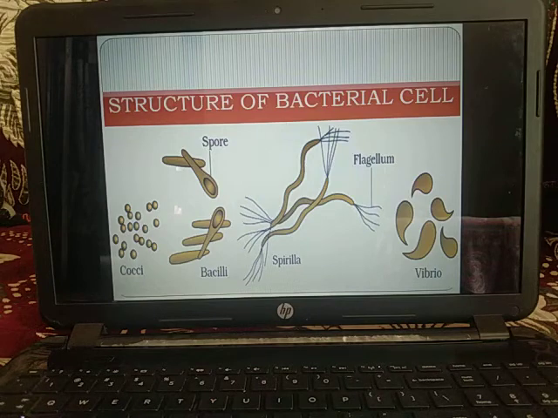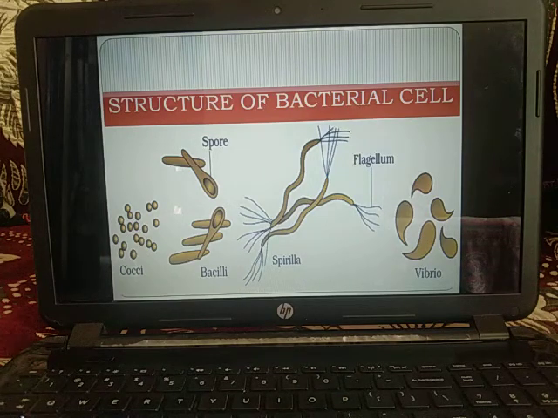Depending upon their grouping, they are called monococcus, occurring singly; diplococcus, in twos; tetracoccus, in tetrads; streptococcus, in chains; staphylococcus, in irregular grape-like clusters; and sarcina, a three-dimensional geometrical form.